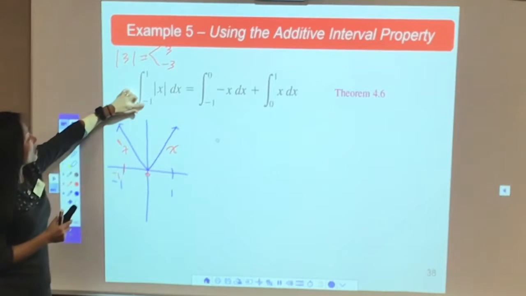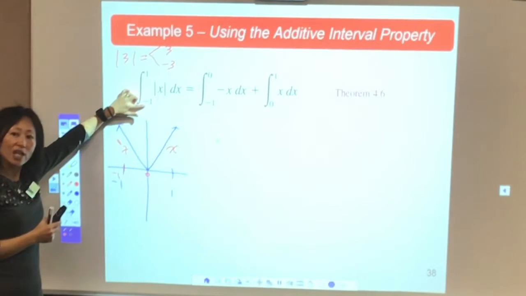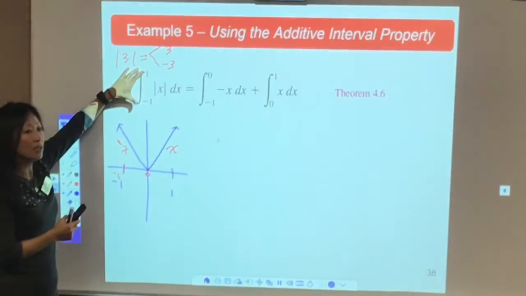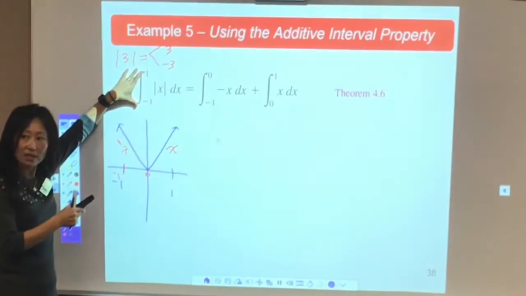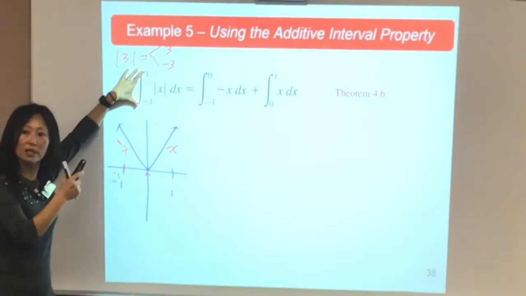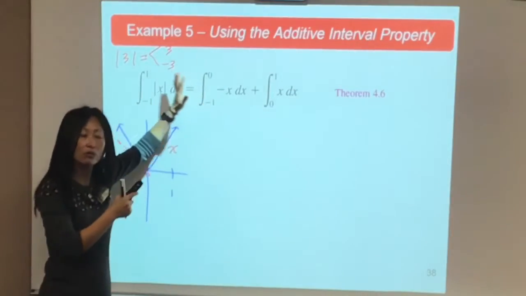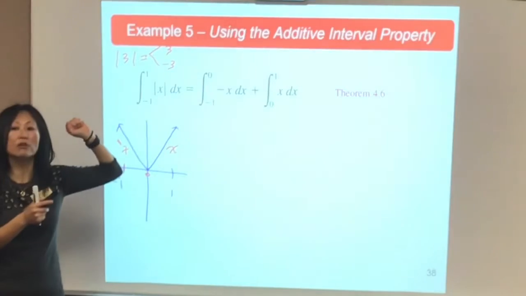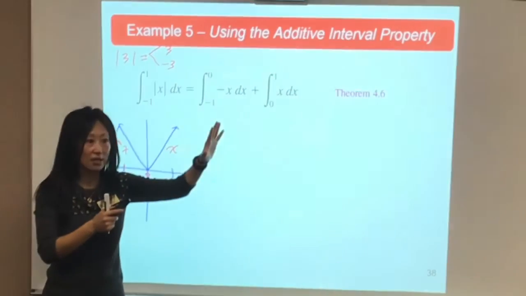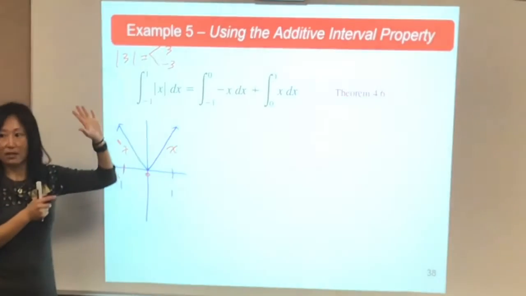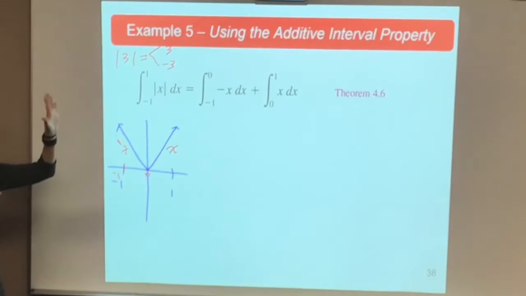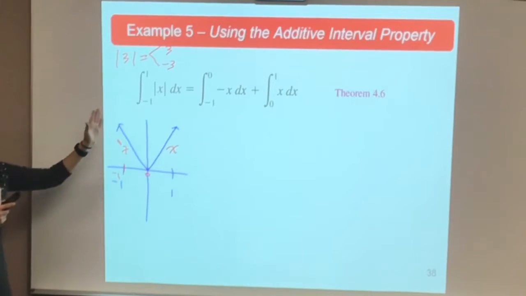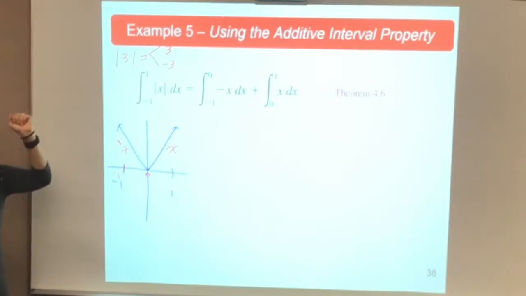So even though I gave you a limit evaluating from negative 1 to 1, class, be sure you understand this, because I usually give all exams like this kind of problem. This will test your understanding, and also test your integration, whether you know how to integrate. So I like problems like this because you have to think about it. You have to know how to break them into 2 parts.